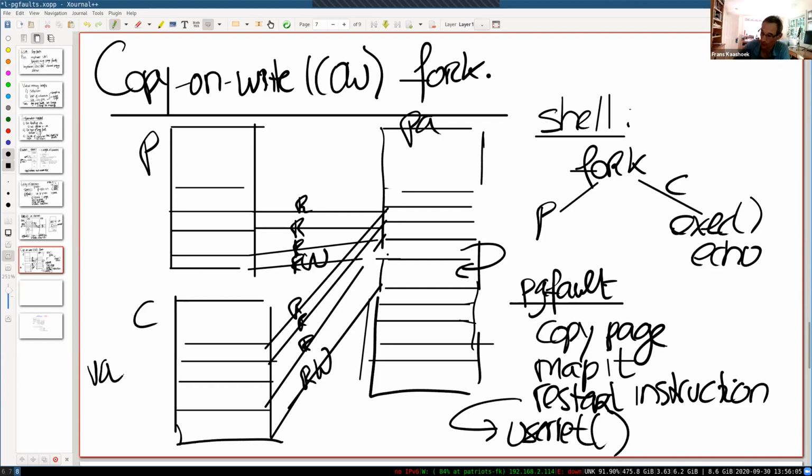In fact, this is also one lab. You're going to implement copy-on-write after the lazy lab. And you have some freedom. The easy thing to do is just also map it read-only. You will get a page fault, and then you'll do whatever you normally would do in copy-on-write. So you can use the same mechanism in both cases. There's no reason to specialize or do something separate for the first process.